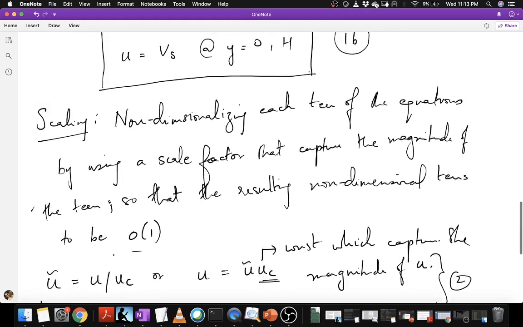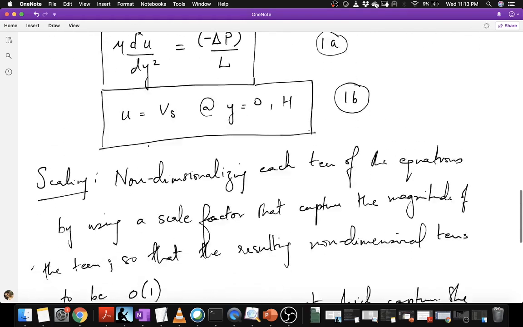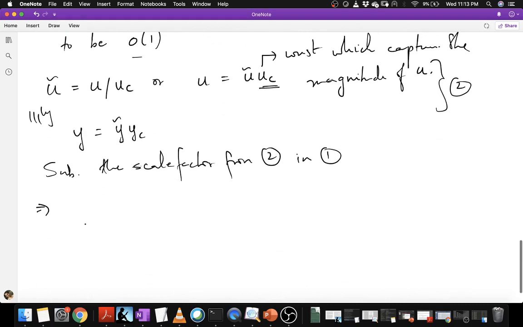So what results now? Well, we first have to deal with the first term, mu times d square u by dy square. So to calculate d square u by dy square, we should use the chain rule. Yes?